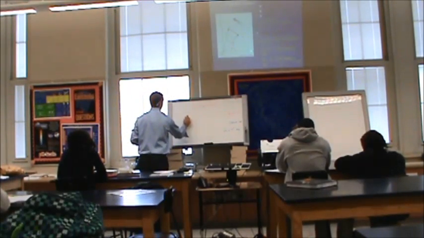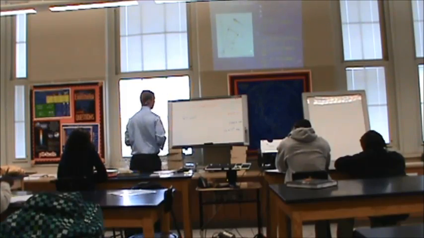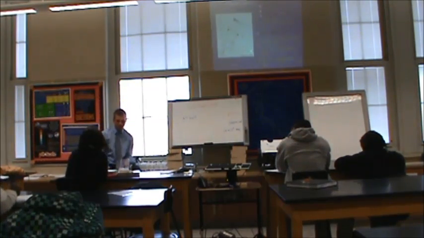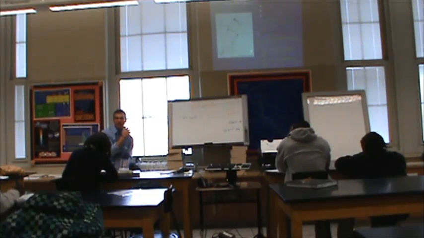V equals omega r. What that does is it relates your angular speed to your linear speed. That's how easy that equation is. Okay? As long as your omega is in radians per second, you can convert it to meters per second.